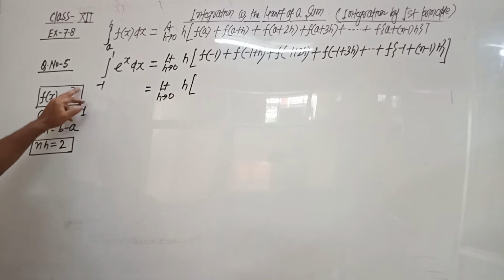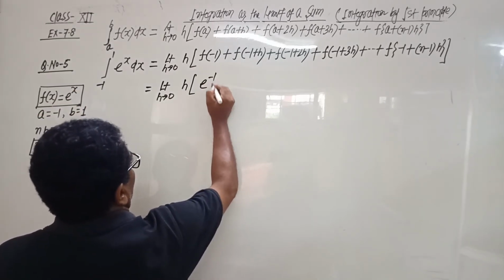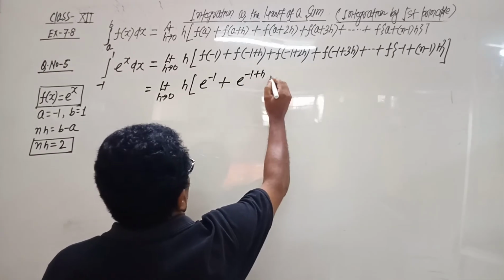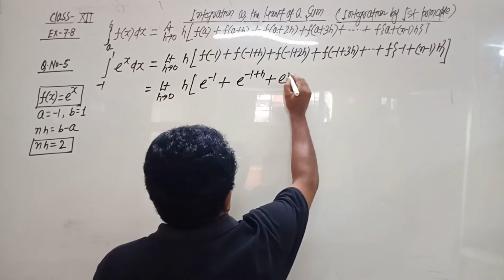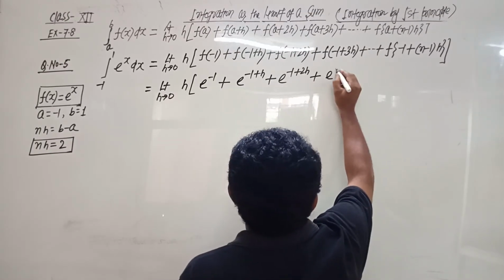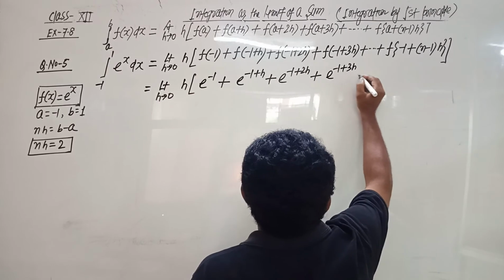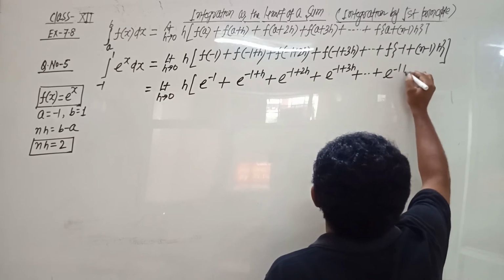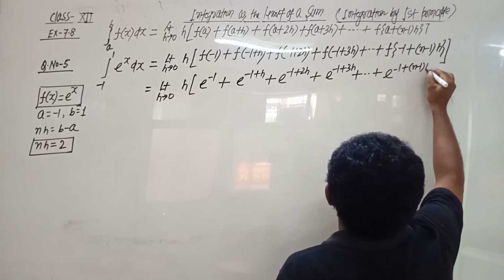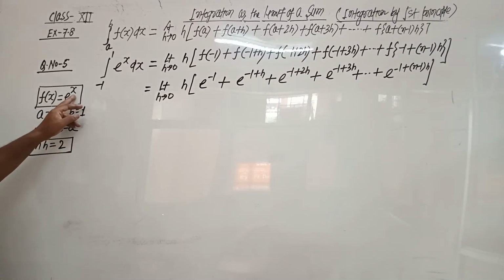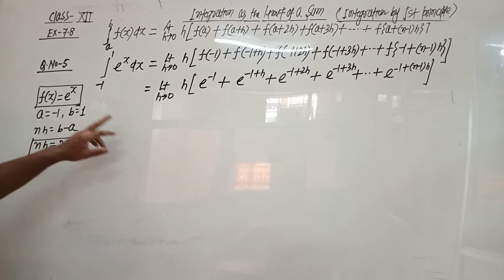So this becomes e raised to the power minus 1, plus e raised to the power minus 1 plus h, plus e raised to the power minus 1 plus 2h, plus e raised to the power minus 1 plus 3h, and so on, e raised to the power minus 1 plus (n minus 1)h. e raised to the power x, and in place of x we have written minus 1 plus (n minus 1)h.